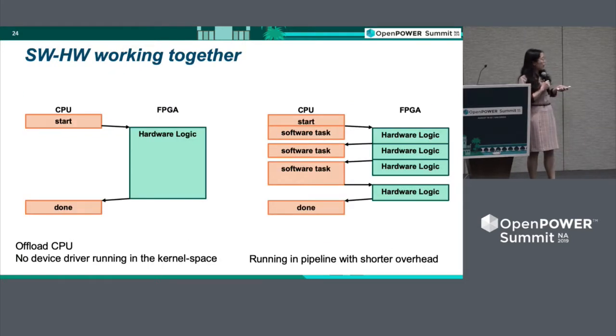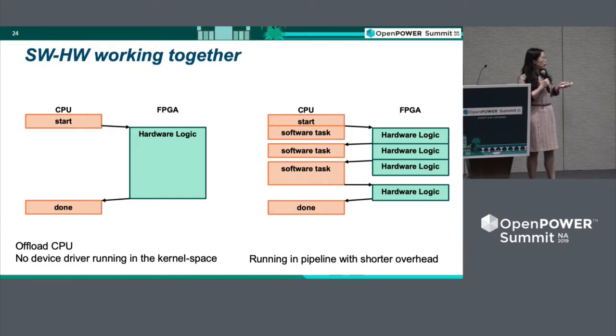The third idea is asking software and hardware to work together. In the left diagram, in this case, FPGA is just doing some offloading. Because we don't have a device driver running in the background, the utilization of CPU is very, very low. It is usually 1 or 2% of CPU time.